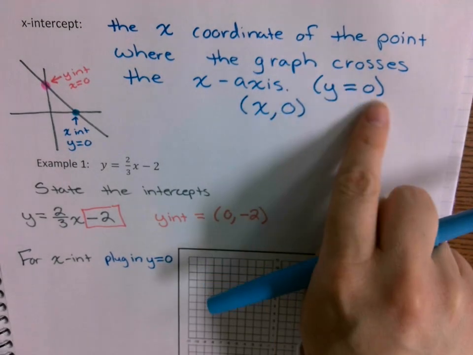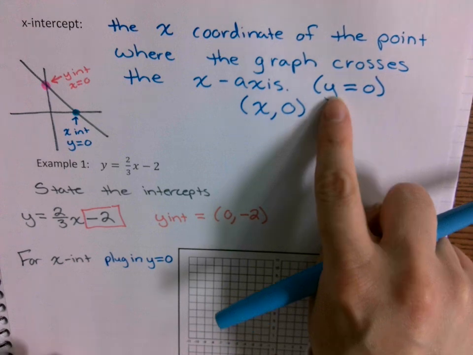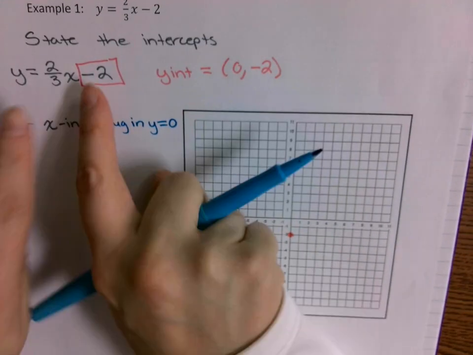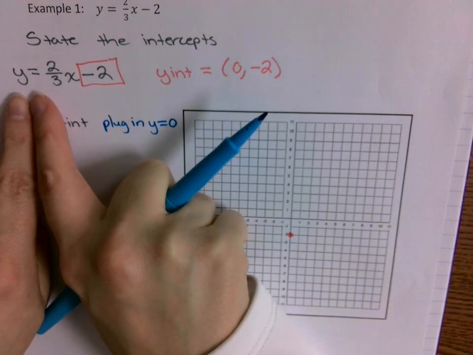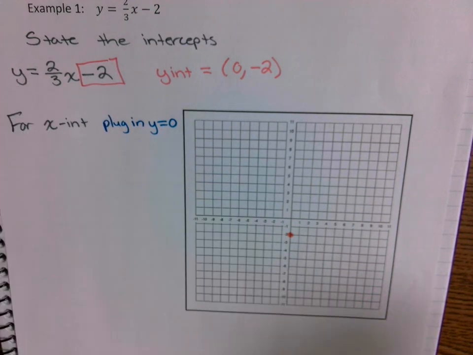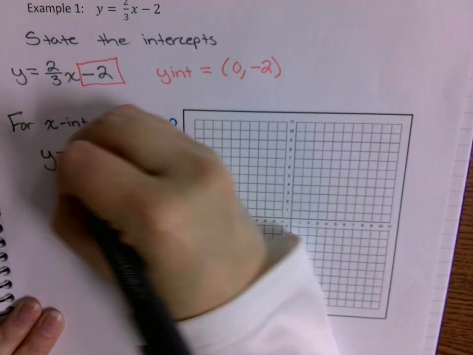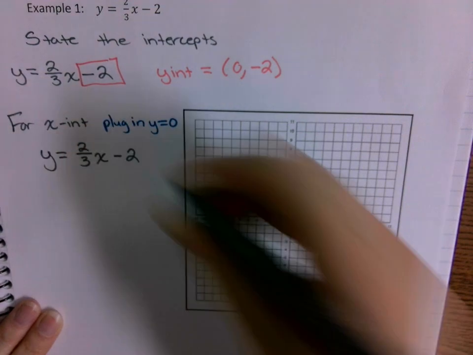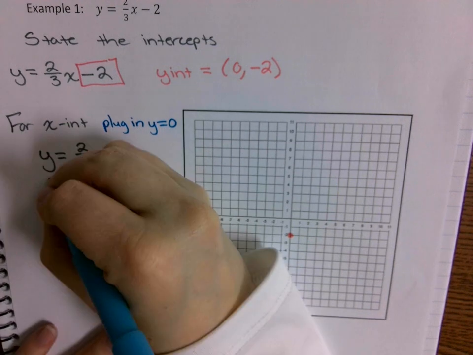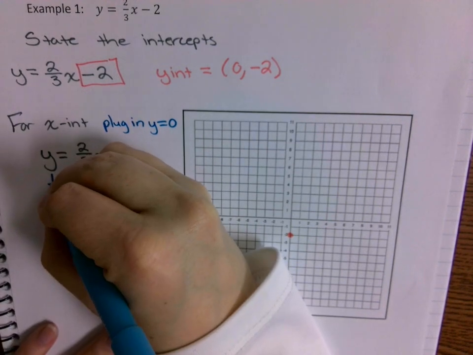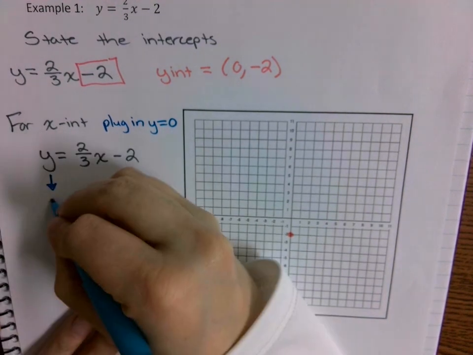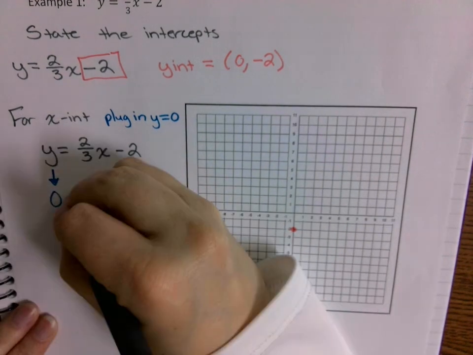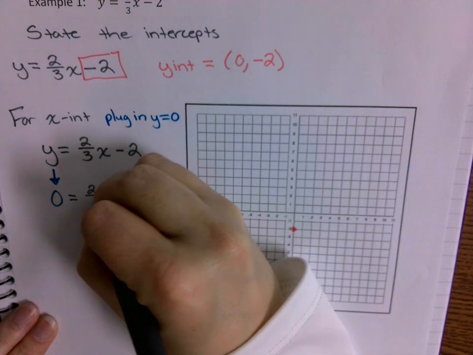Y is going to be equal to 0. That's our x-intercept. So all we're going to do with this equation is replace the y value with a 0. So if we have y is equal to 2/3 x minus 2, we're going to replace the y with a 0. So we now have 0 is equal to 2/3 x minus 2.